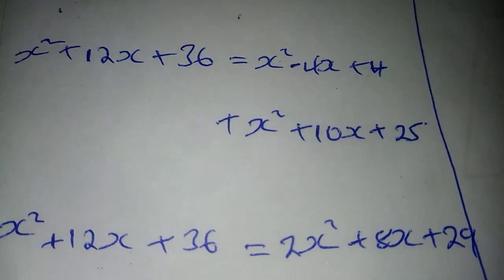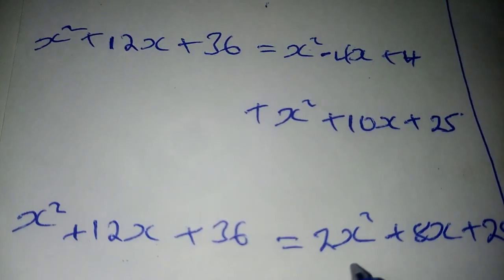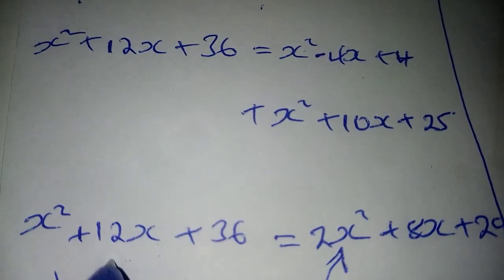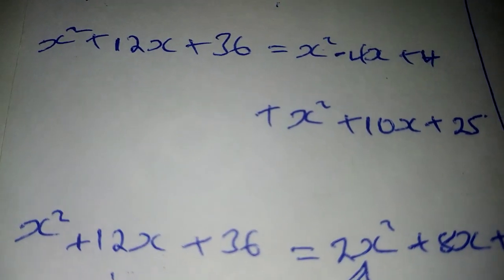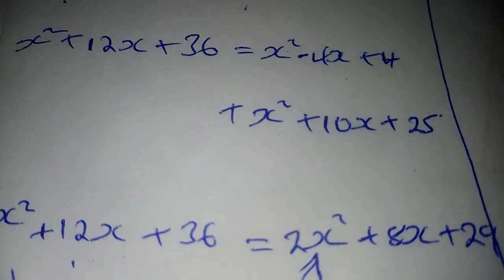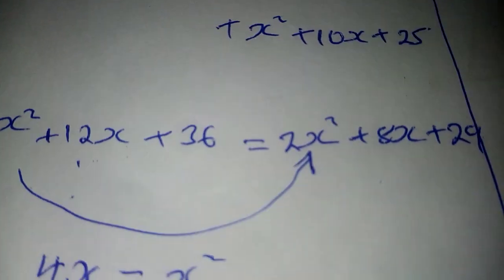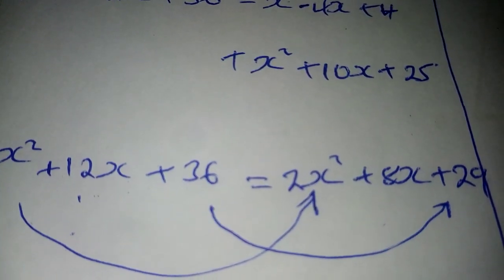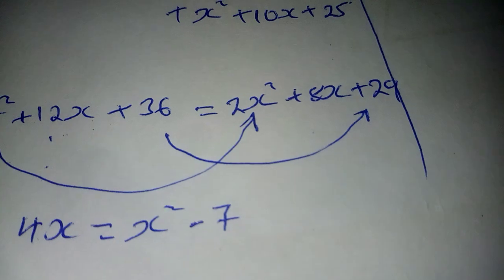So collecting the like terms, this one comes here and this one comes here. So I will be having 12 minus 8, that is 4x, equals x squared. 4x equals x squared. Then this one also comes to the other end, minus 7, x squared minus 7.